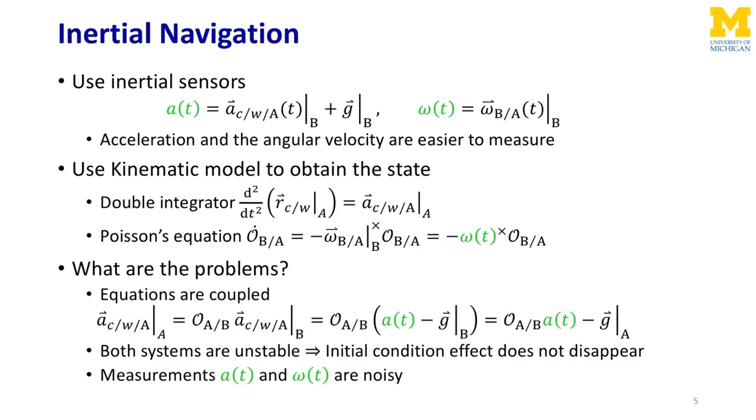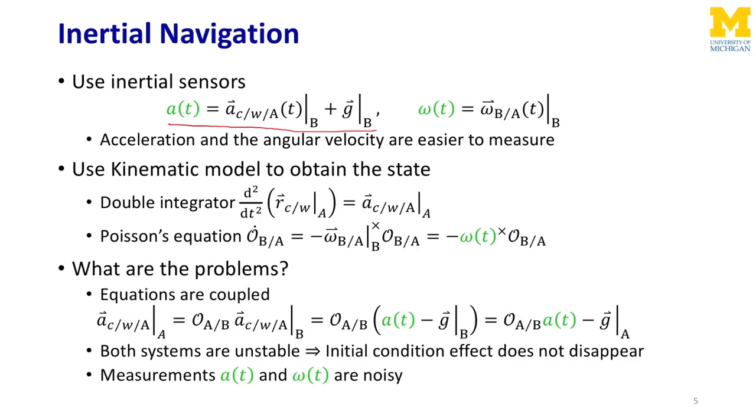These are called inertial sensors because they measure variables with respect to an inertial frame. So an accelerometer measures this quantity, the acceleration of the point C with respect to an inertial point, with respect to an inertial frame, resolved in the body fixed frame.